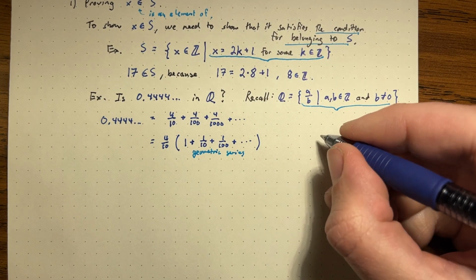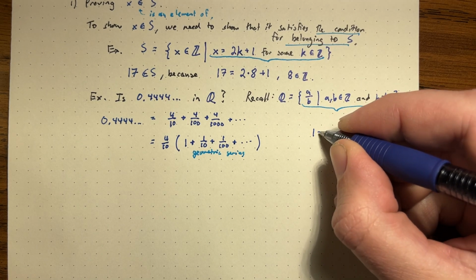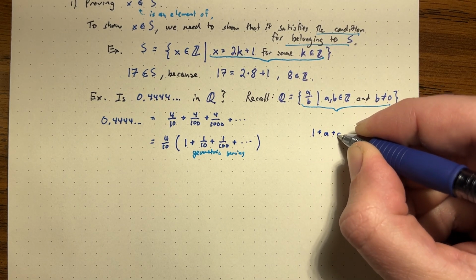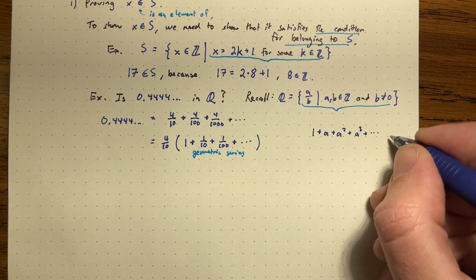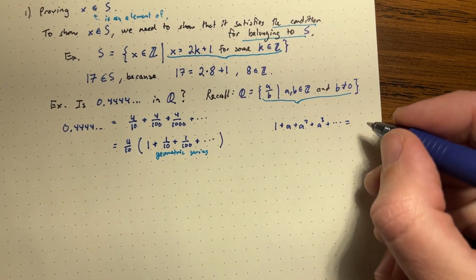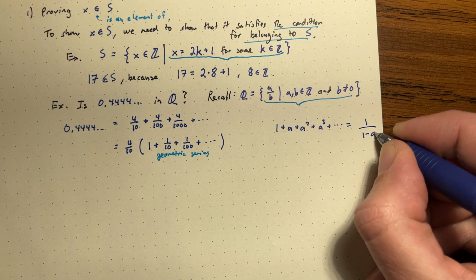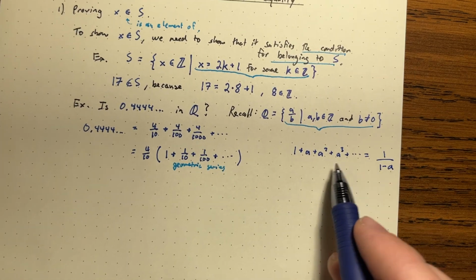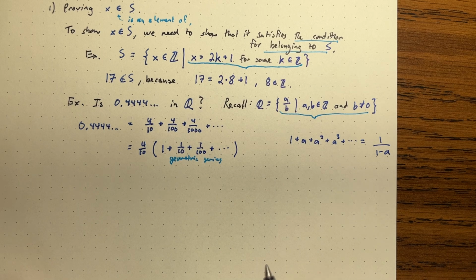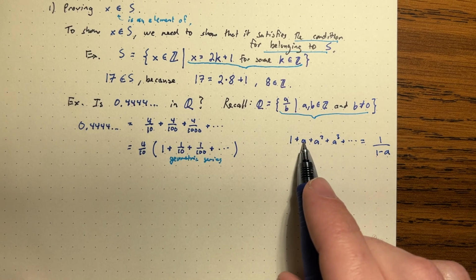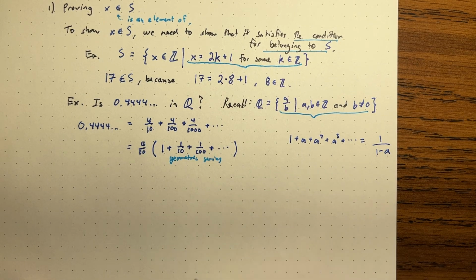And what's the sum of a geometric series? There's a formula for that. So 1 plus a plus a squared plus a cubed, as long as this converges, is equal to 1 over 1 minus a. That's the formula for the sum of an infinite series of this type, and we're assuming a is smaller than 1 in absolute value.